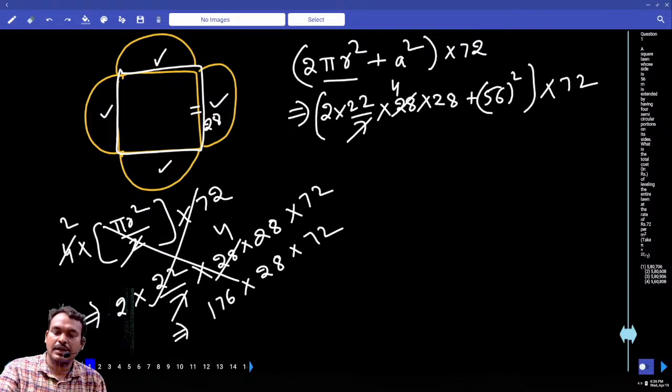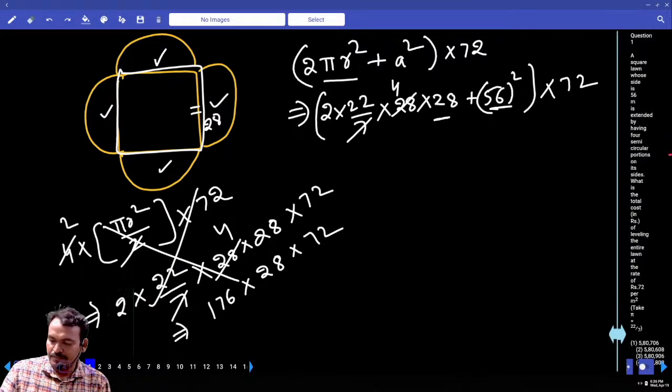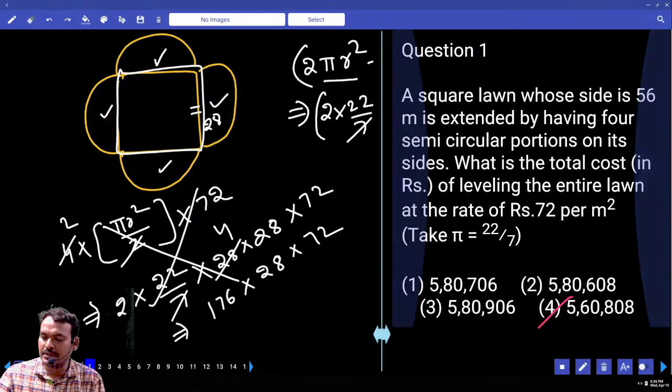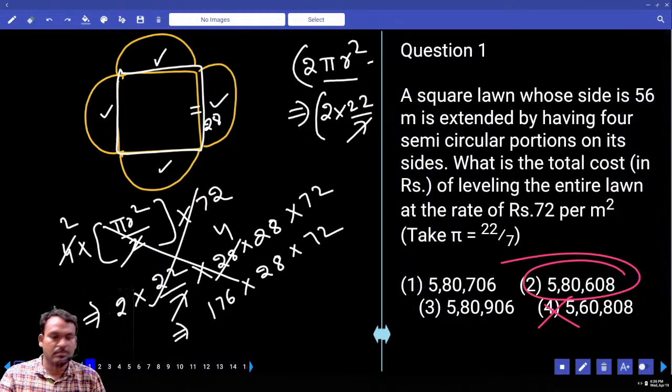And one more thing: 28 is a 7 multiple, and 56 is also a 7 multiple. Individual values are 7 multiples, so together the value is also a 7 multiple. The second option is a 7 multiple. Yes. The fourth option? No. So the answer is the second option.